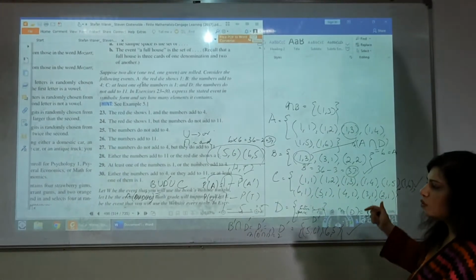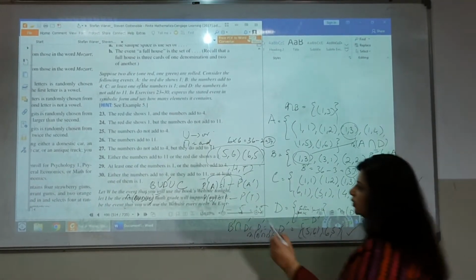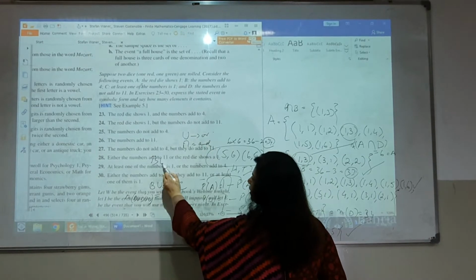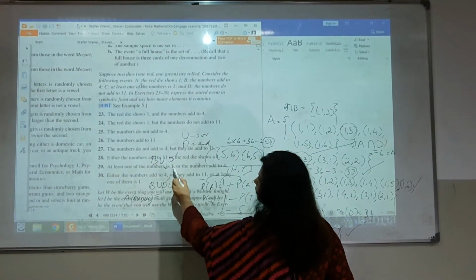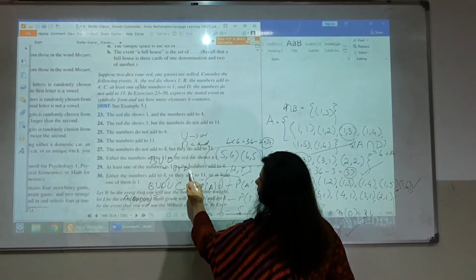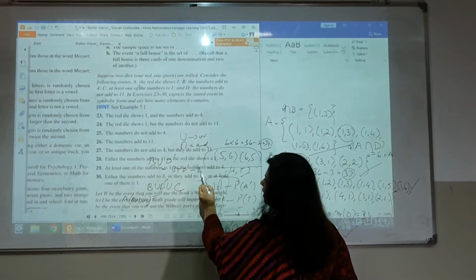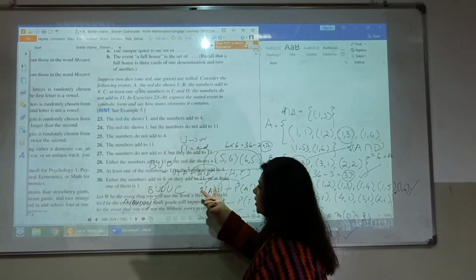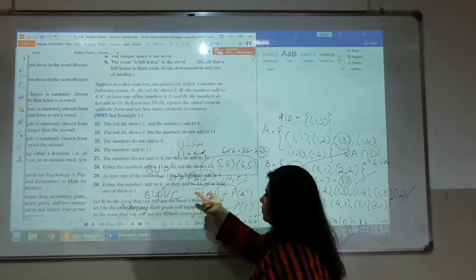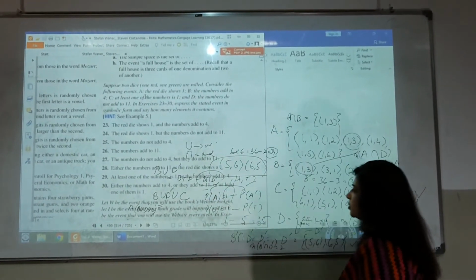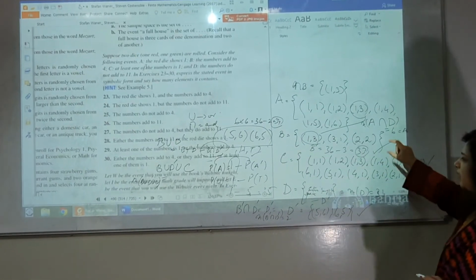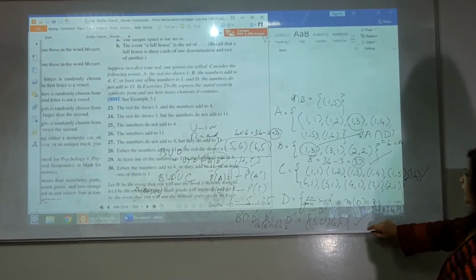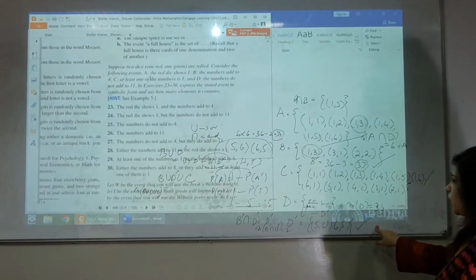So the rule says that if there is a union between 2, then that would be B plus D complement minus B intersection D complement. So you're going to be taking out whatever is common between them, and whatever is common you are just going to be writing it one time and not twice.